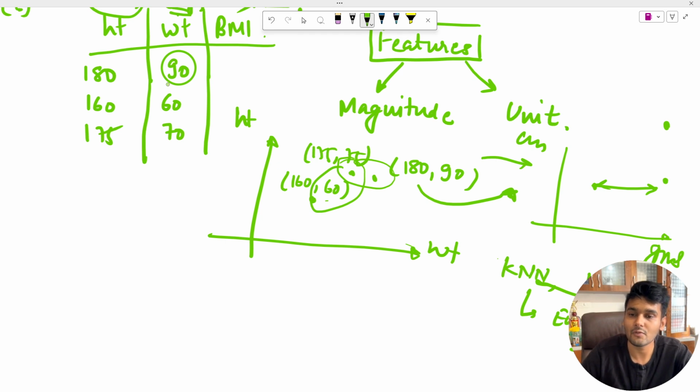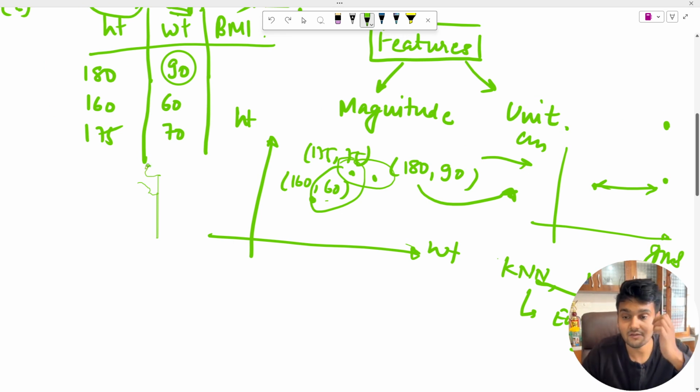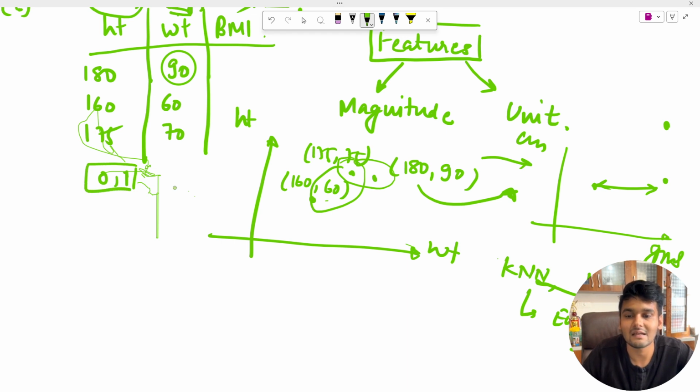Hence what we need to do is feature scaling so that we can scale down these values. So it's very important to scale down these features into something like 0 to 1, so that we have a good initial starting point so that these algorithms can converge faster.